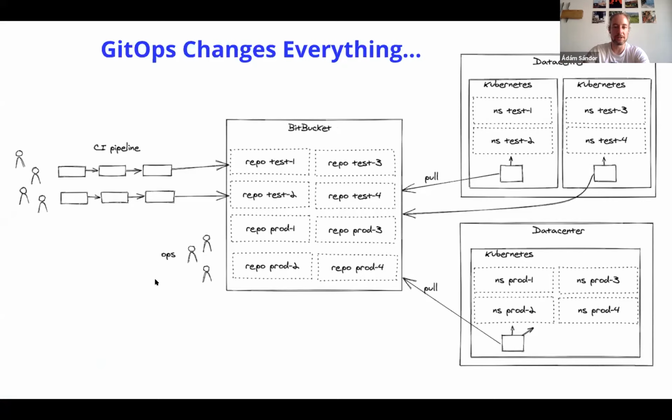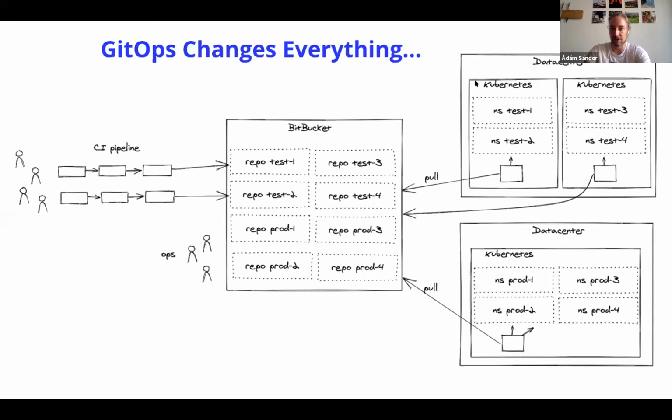There is the ops team who can merge these pull requests to initiate changes on Kubernetes clusters. And where are these Kubernetes clusters? They can live in actually different data centers. So GitOps also helps with managing a large distributed infrastructure.